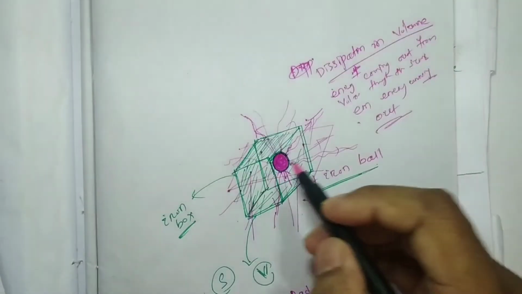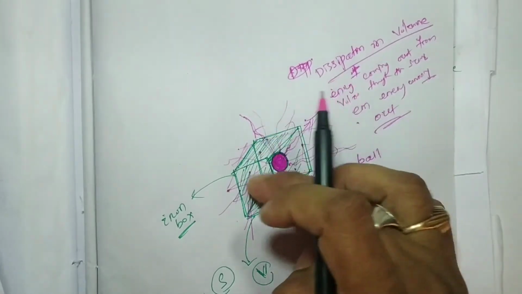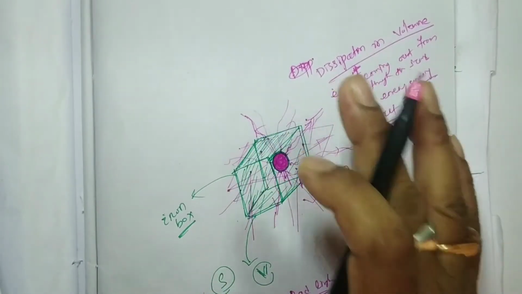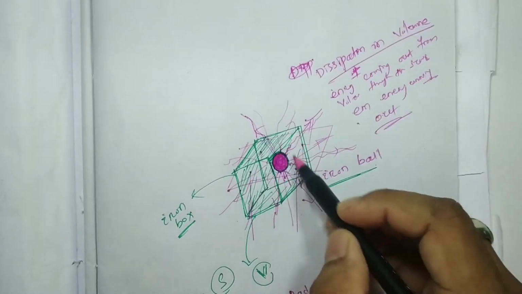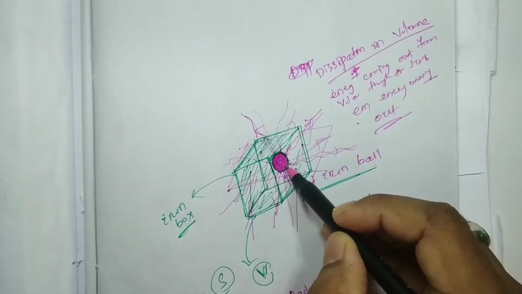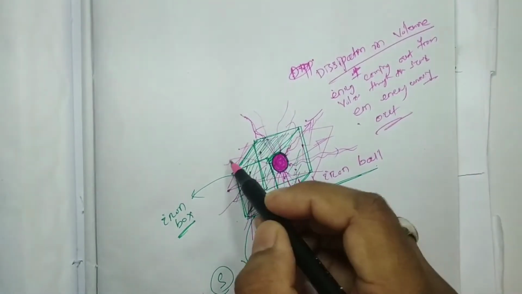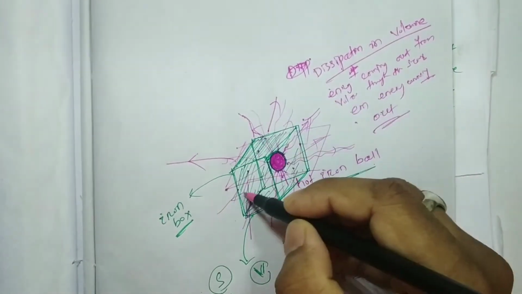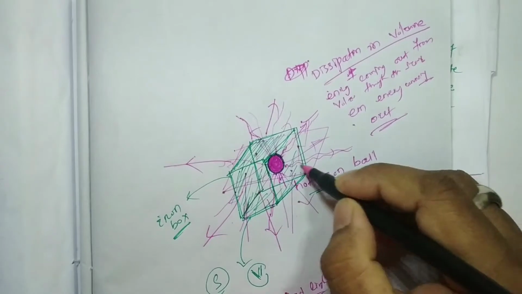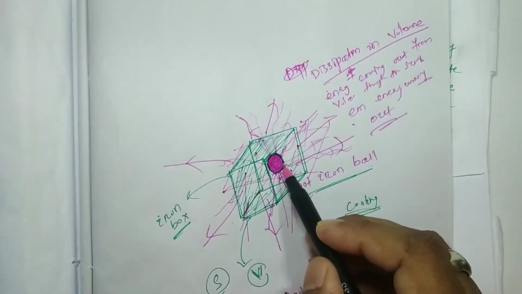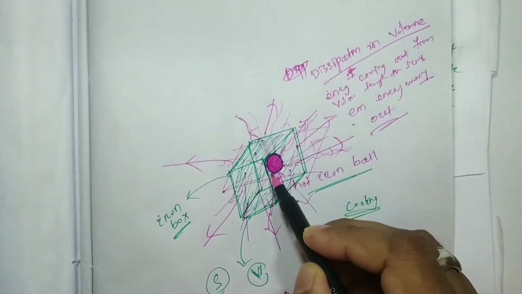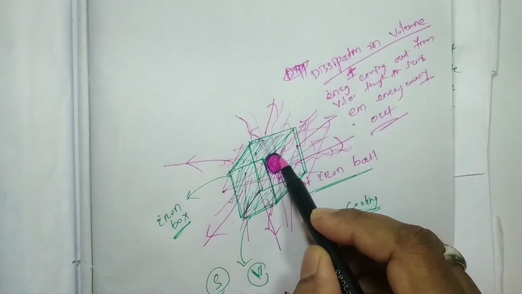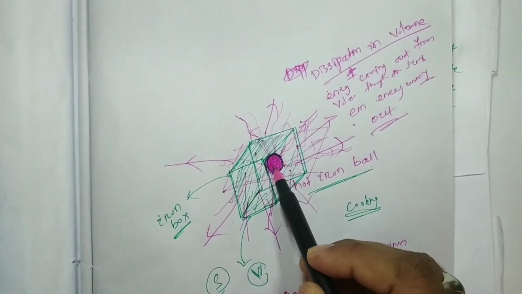That means some energy is going to be lost inside this volume. How it is going to be lost, I am going to explain. Some energy is lost inside this volume, and the rest of the energy is going out from this volume through the total surface area. So the total energy decreased by this hot ball is utilized in two ways.